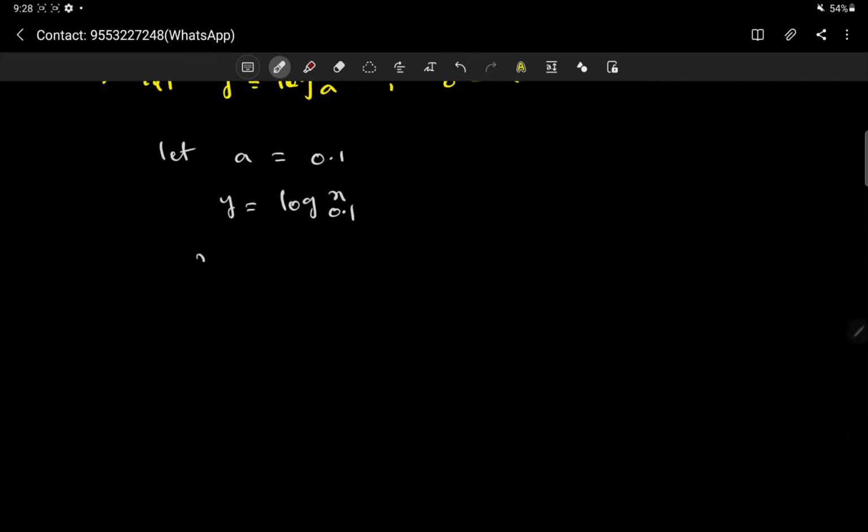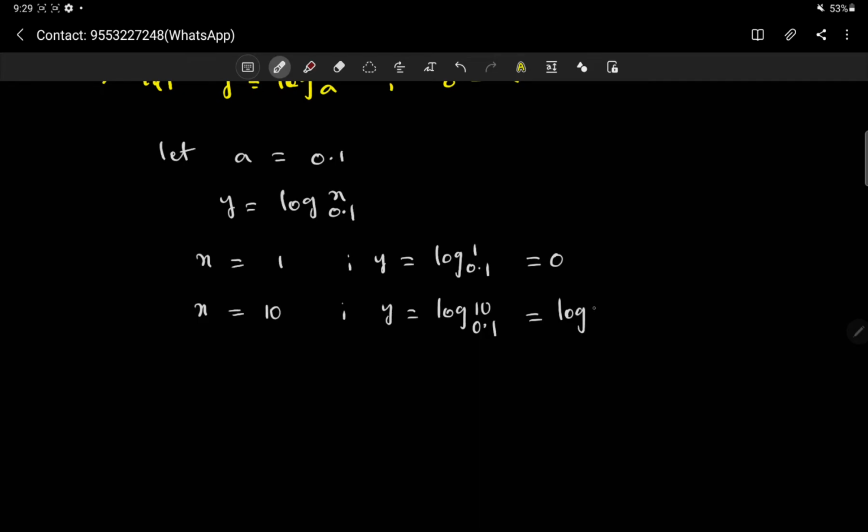Okay, so see here, x is equal to 1 I am giving. Then the respective y value is log 1 base 0.1. You know log 1 value as 0. And x is equal to 10, then y is equal to log 10 base 0.1.